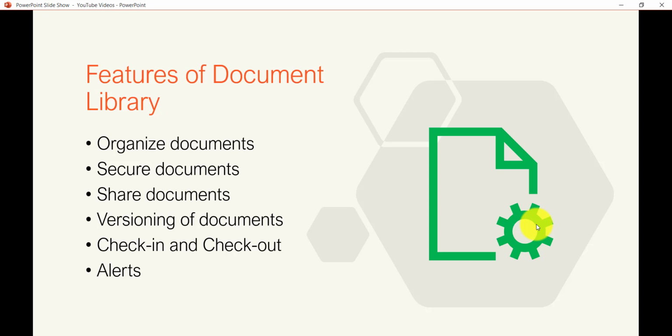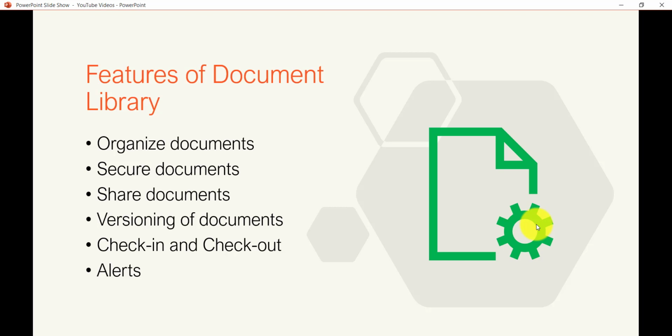Similarly, another feature is that you can easily share the documents with other users. And also SharePoint libraries provide versioning features where you can check the previous versions. If you have modified something and you want to go and check your previous versions, and maybe also restore them, you can do this by using the versioning features of the document library. We will see those in detail in separate videos, but I just wanted to tell you the high-level features.